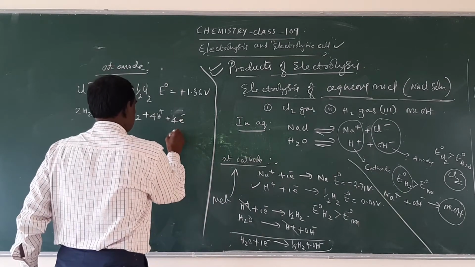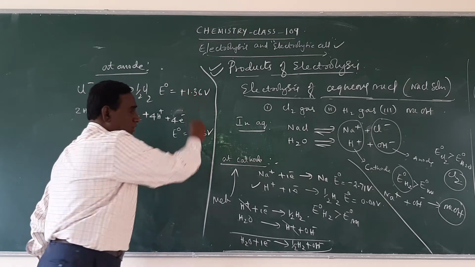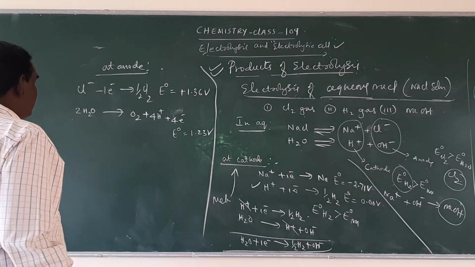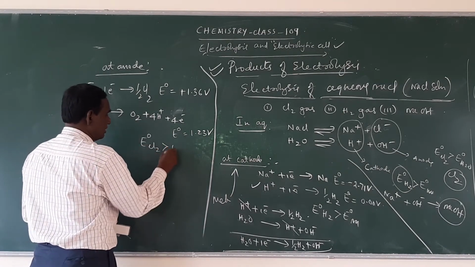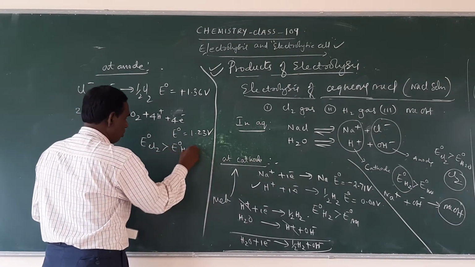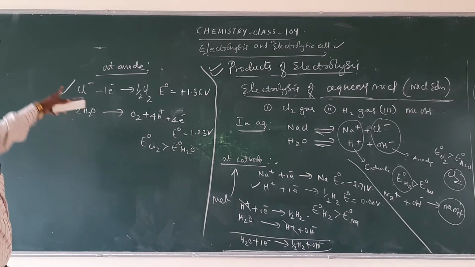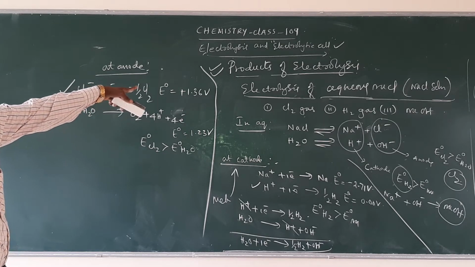You can write this equation like this, and the E0 value is 1.23 volts. But 1.23 volts is less than 1.36, therefore E0 of H2O is less than E0 of Cl2. Therefore, this equation is to be preferred: Cl minus minus 1 electron gives half Cl2 is to be considered.